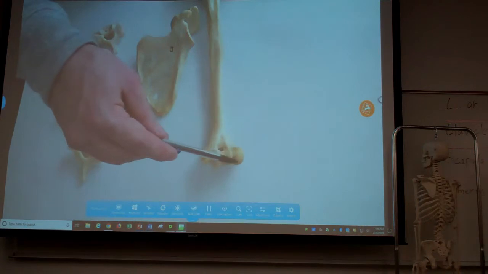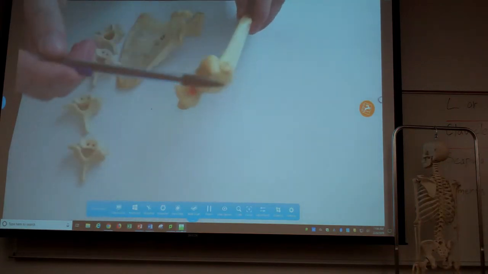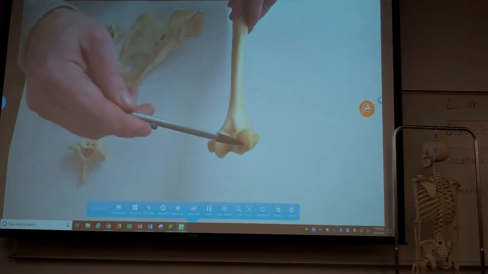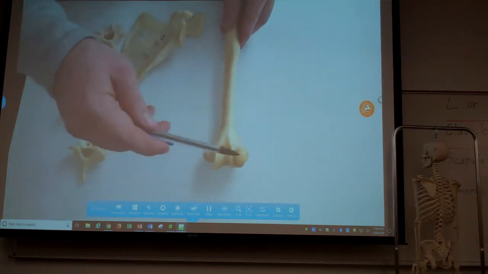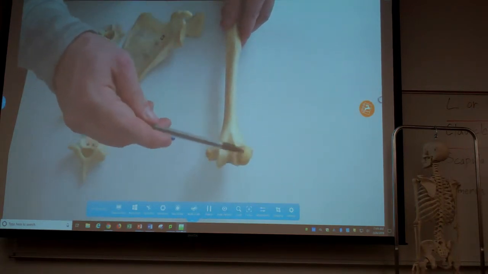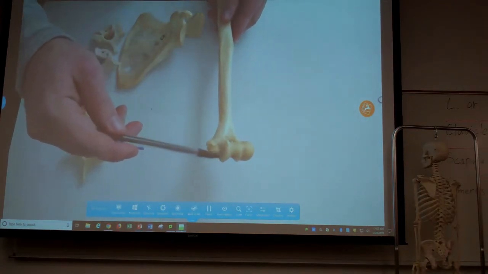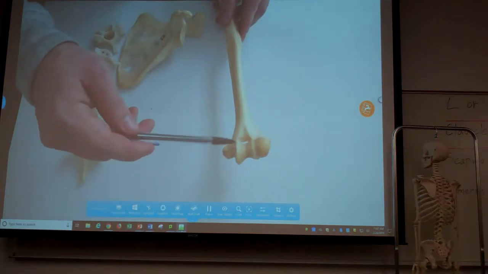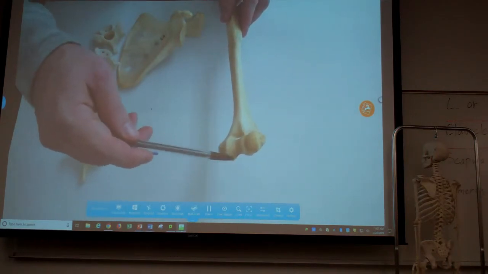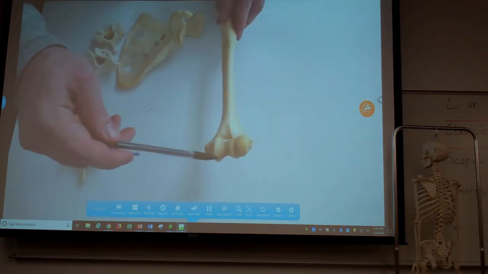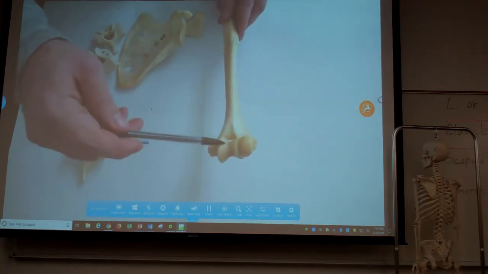Capitulum looks more like a head. Notice it's a lot rounder. That one's more lateral. The other is more medial, and notice it has kind of a flat part. We call that the trochlea. The trochlea is more medial.